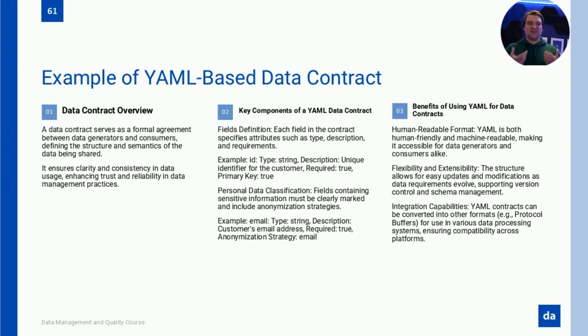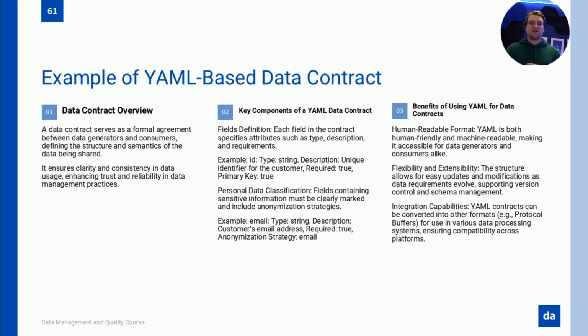Personal data classification highlights fields with sensitive data and specifies anonymization strategies. Example: email, type: string, description: customer's email address, required: true, anonymization strategy: email. These components establish a shared understanding of the data and its purpose.